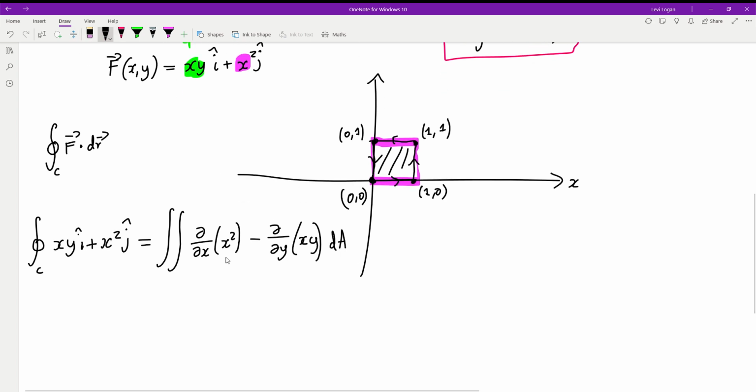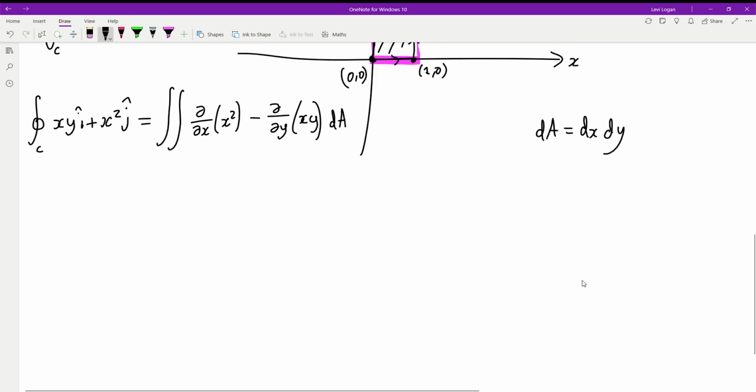Okay, so if we take a look here, we have to work out our bounds, because dA just represents dx dy, so it's like a double integral. So we'll rewrite it like this, and we'll leave the bounds empty for now. The partial derivative of x squared with respect to x is going to be 2x.